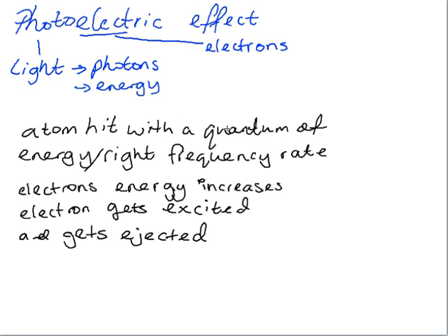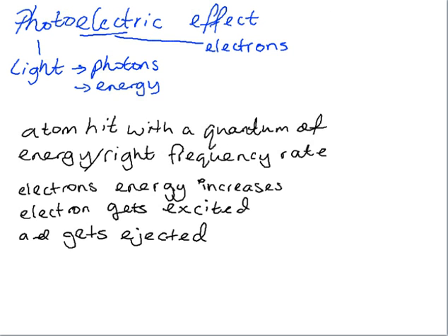So he used the knowledge about photons and quanta to explain electrons being ejected because they got the right amount of quantum energy.